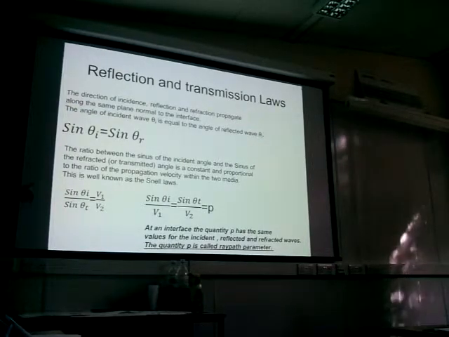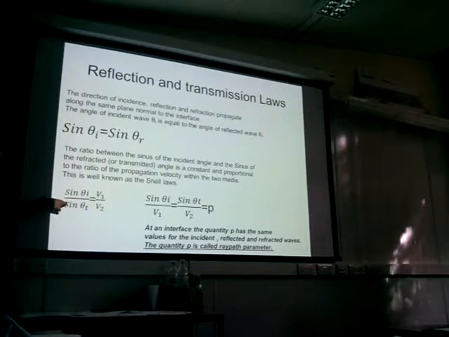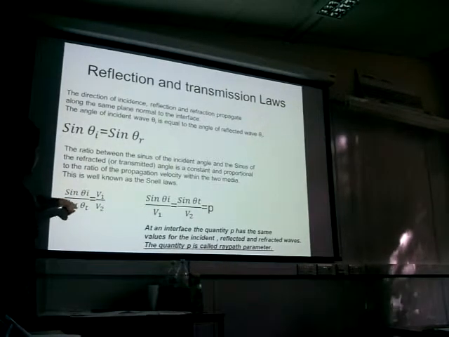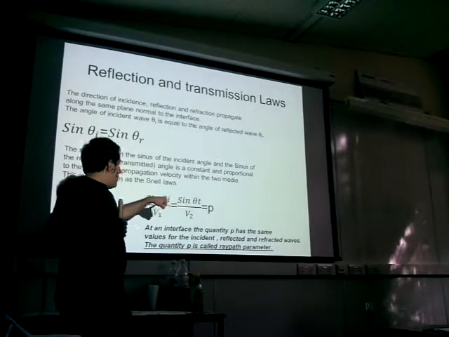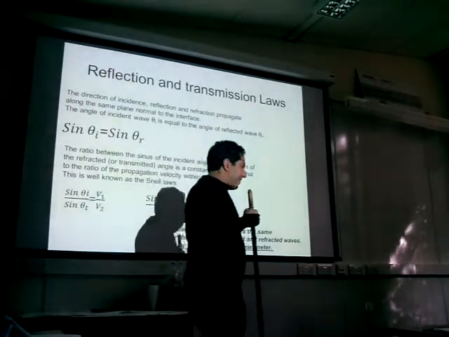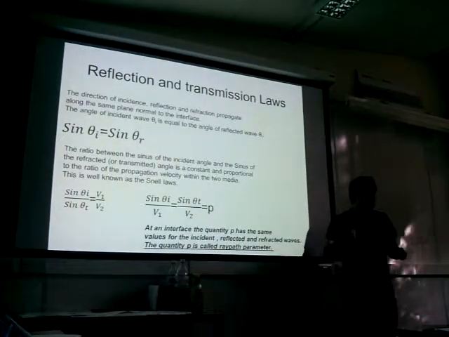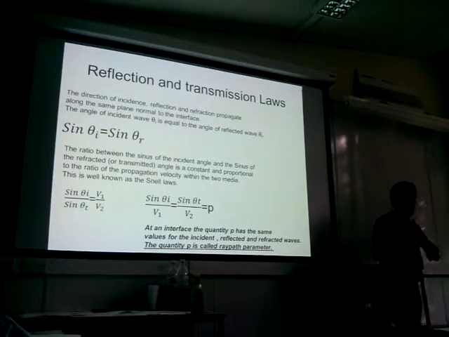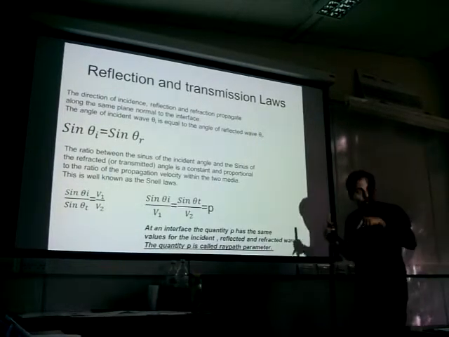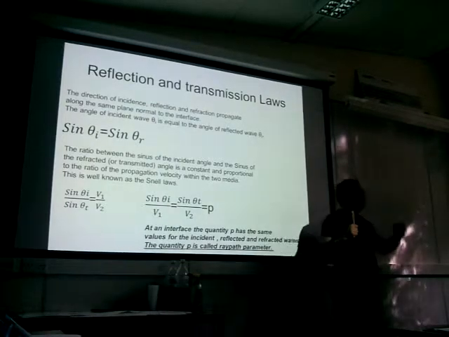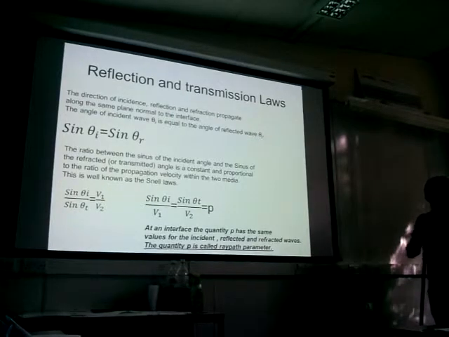This implies that if you rewrite this equation, putting the velocity 1 with the incident angle and the velocity 2 with the transmitted angle, this is always true: the sine of the angle of incidence over the velocity 1 is equal to the sine of the angle of transmission over the velocity 2 in which it is transmitted, and this is a constant called p, the ray path parameter.